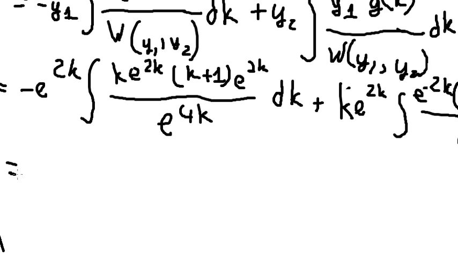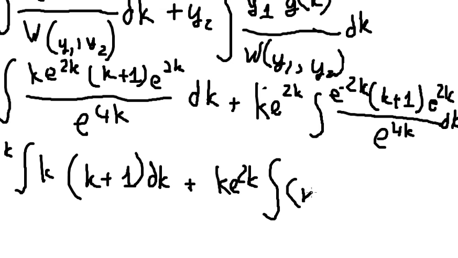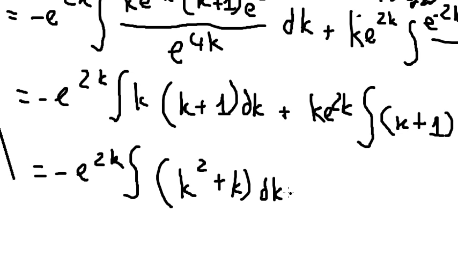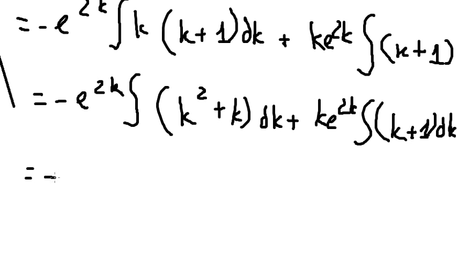Now we simplify and we have like this. The integration of k squared gives k to the power of 3 over 3.